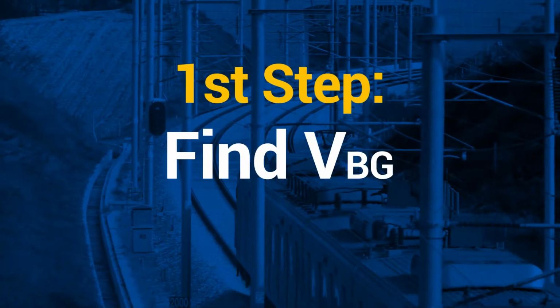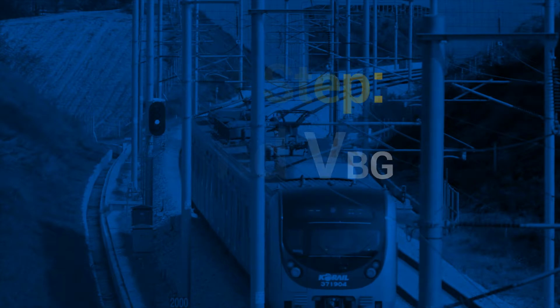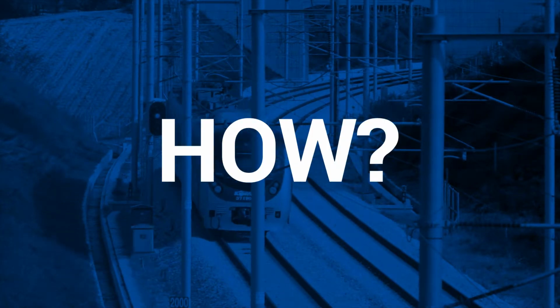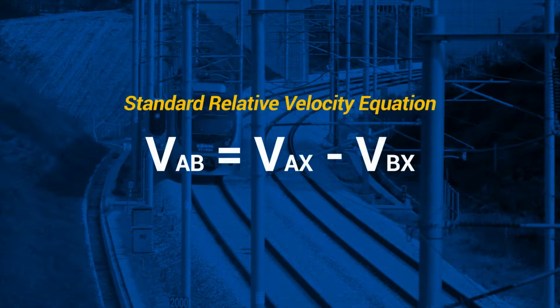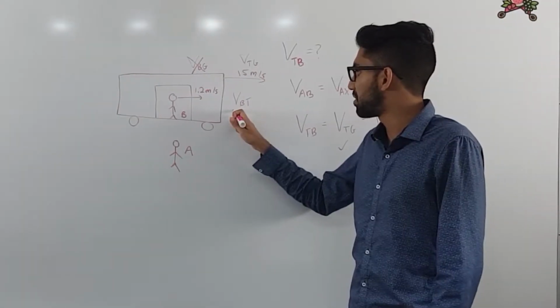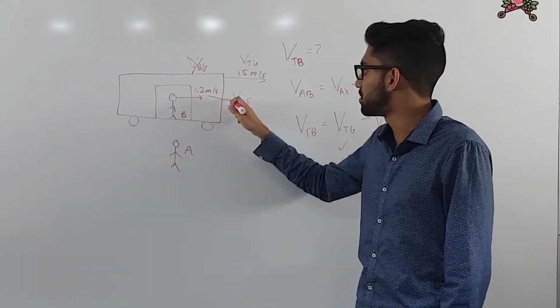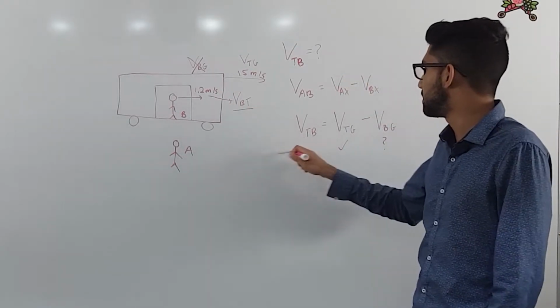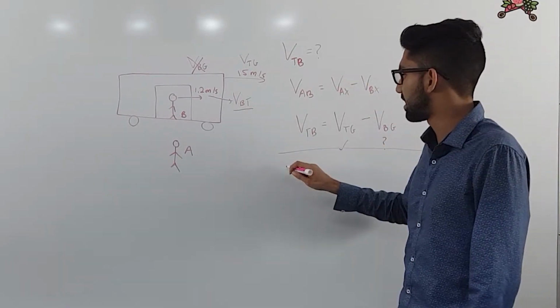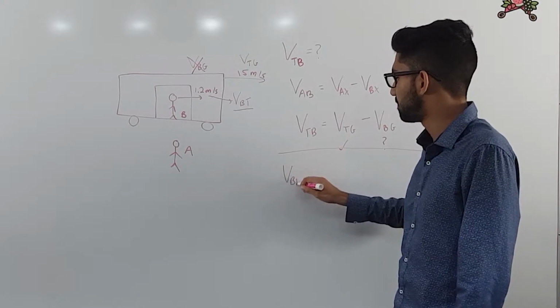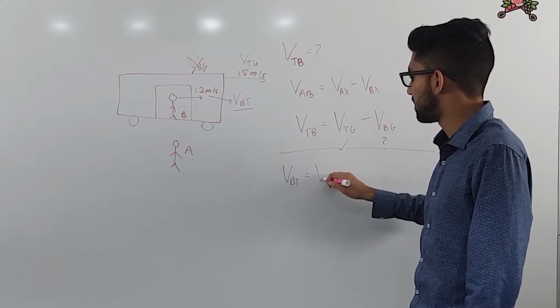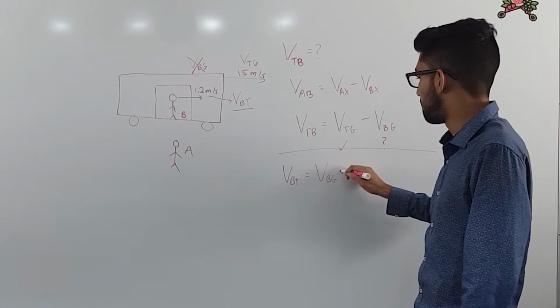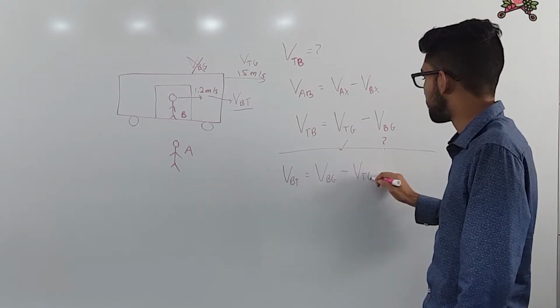Okay, so we have VTG, but we don't have VBG yet. So the first step is find VBG. How do we find VBG? We're actually going to use our relative velocity formula again, but this time for this value that we have of 1.2 meters per second, which is actually VBT. So we say VBT is equal to VBG minus VTG.